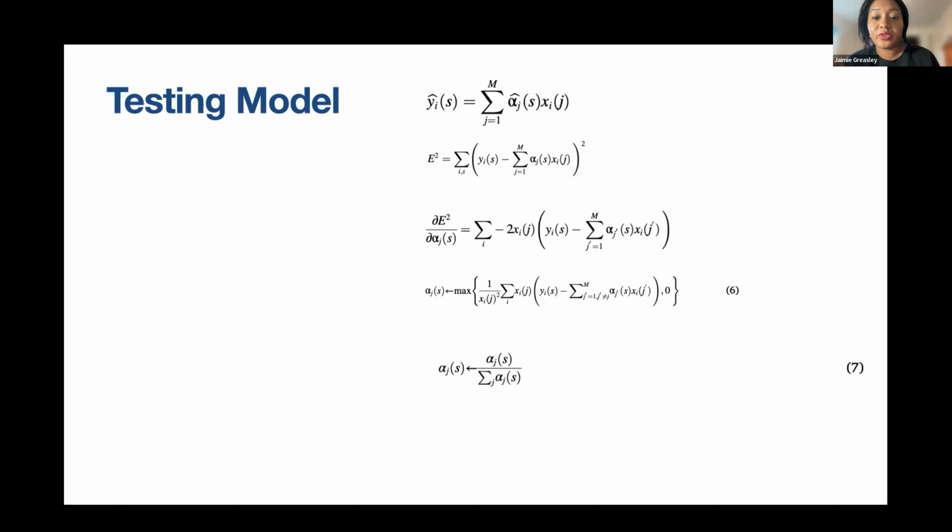We want to make sure that our weights, our alphas, in equation 6, are non-negative, so that's why it's the max between that value and 0. And we also want our alphas to sum to 1. Each component could contribute a maximum of 1, and together they could contribute a maximum of 1.